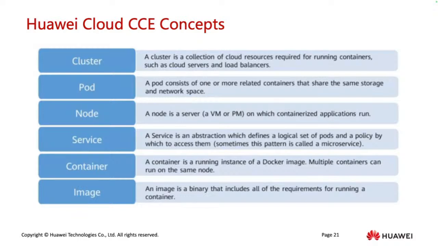And a service is an abstraction which defines a logical set of pods and a policy by which to access them. And a container is a running instance of a Docker image. Multiple containers can run on the same node. And if we talk about the image, it is a binary that includes all of the requirements for running a container. So a container is basically the runtime of an image.